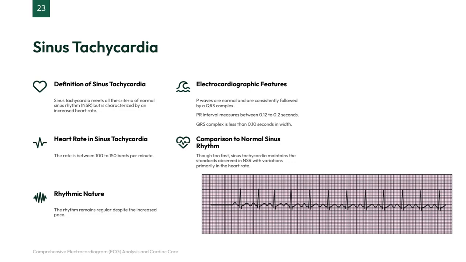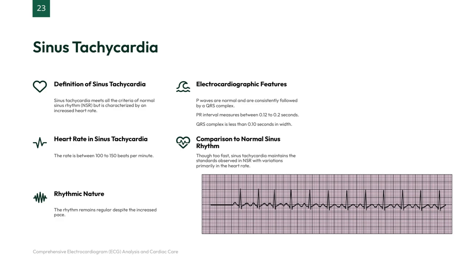Sinus tachycardia is essentially a form of normal sinus rhythm, but with an elevated heart rate. Specifically, the heart beats faster than usual, ranging between 100 and 150 beats per minute. Despite this increase in pace, the rhythm remains regular and consistent. When we look at the electrocardiogram, the P waves appear normal and are always followed by a QRS complex, indicating proper atrial and ventricular conduction.